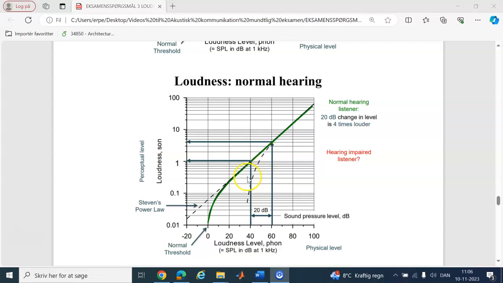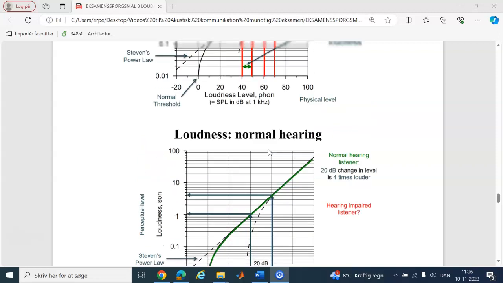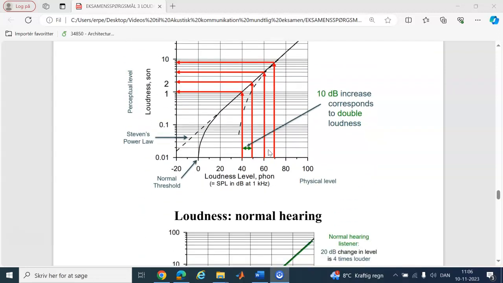You can see the curvature below, for instance, 60 dB loudness level. It will slope down faster than the normal hearing curve, which obeys Stevens' power law.